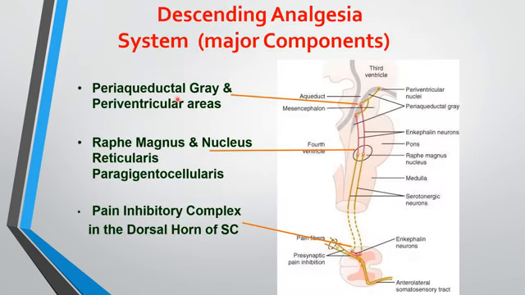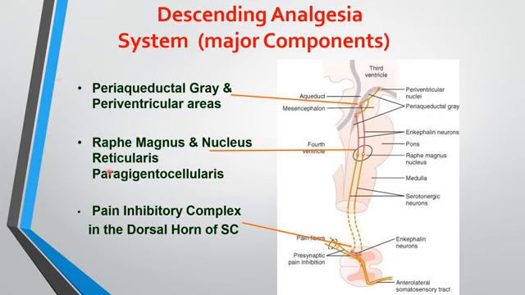So these three are the major structures in the descending pain pathway. You can see from the brainstem, this is the first one, the periaqueductal gray or periventricular areas. Around the reticular formation, this periaqueductal gray is present, and also the nucleus raphe magnus and nucleus reticularis paragigantocellularis, all present here in the pons, and then the pain inhibitory complex in the dorsal horn of the spinal cord.